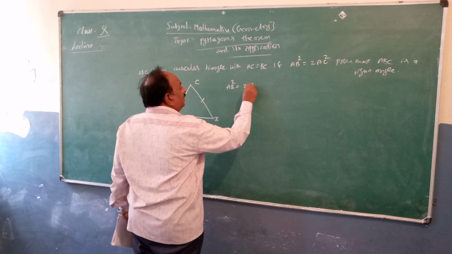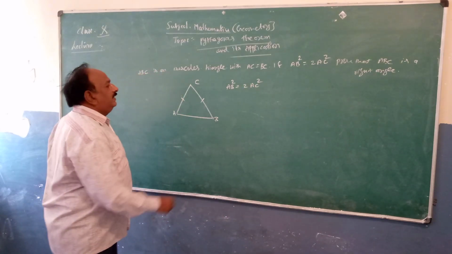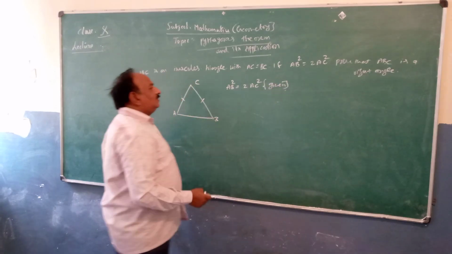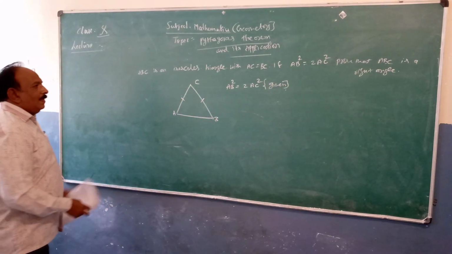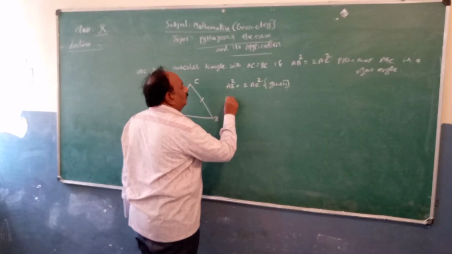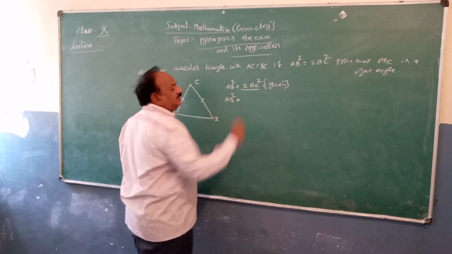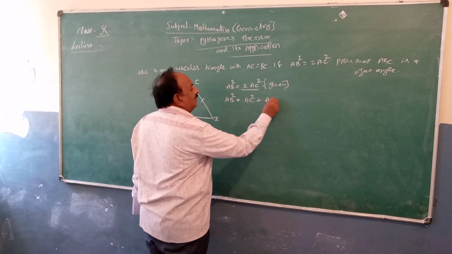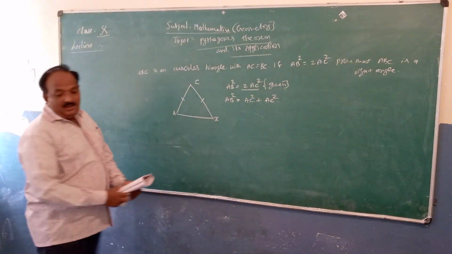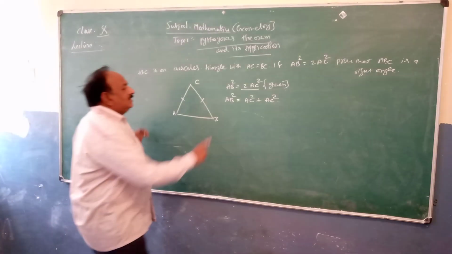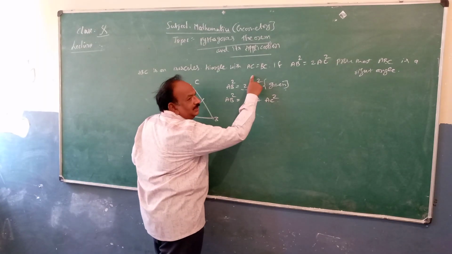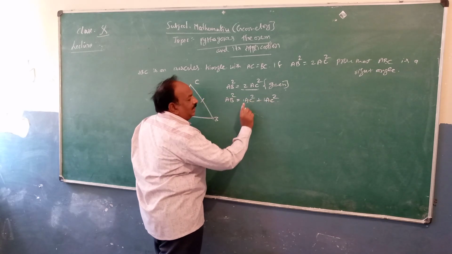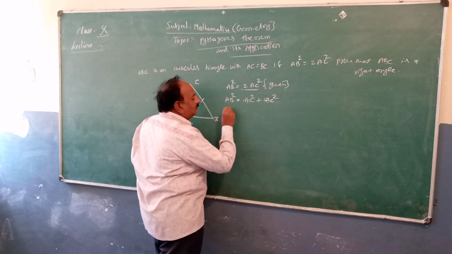This is given: AB square is equal to 2AC square. 2AC square can be written as AC square plus AC square, 1AC square plus 1AC square, 1 plus 1 is 2AC square.